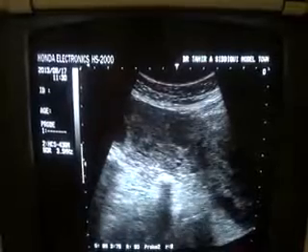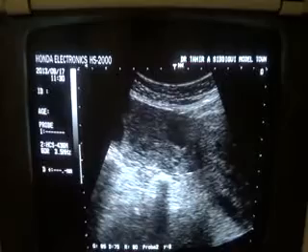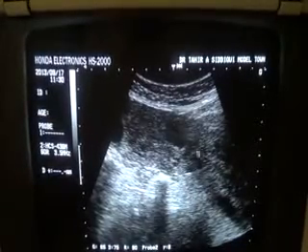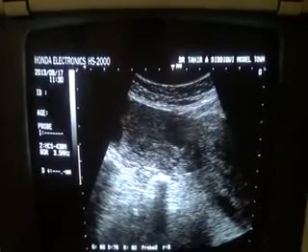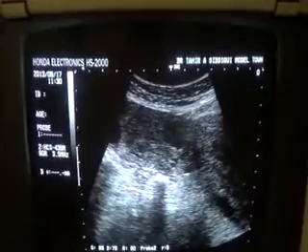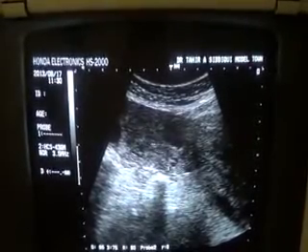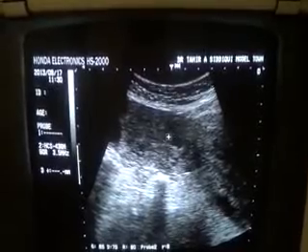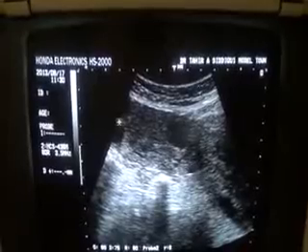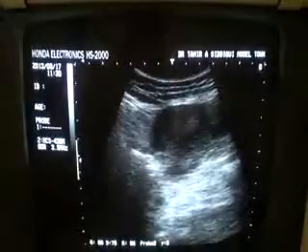Now I am trying to bring the uterus. This is the posterior myometrium in longitudinal section, the fundus of the uterus, part of the anterior myometrium, the endometrial canal, the fluid in the pelvic cavity, and collection in the right adnexa with one cystic area and the second cystic area, two cystic areas, possibly gestational sacs, twins.